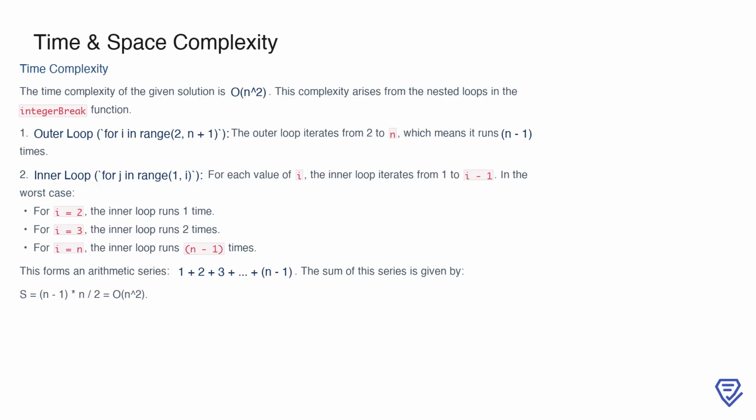The total number of iterations across all these inner loops forms an arithmetic series, 1 plus 2 plus 3 plus up to n minus 1. Using the formula for the sum of an arithmetic series, we calculate this as (n minus 1) times n divided by 2, which simplifies to O(n squared). This explains why the overall time complexity of the algorithm is quadratic.